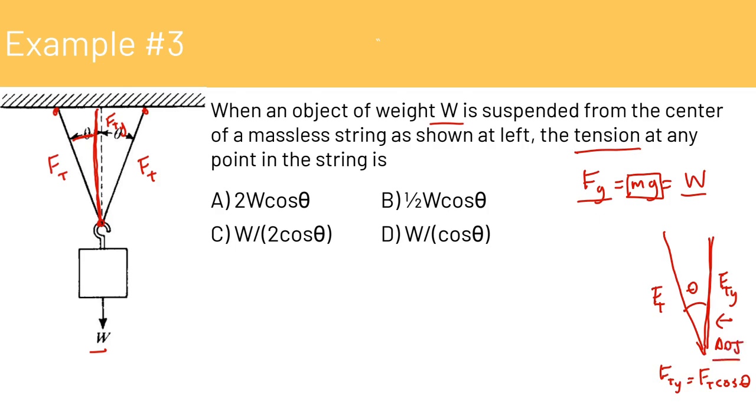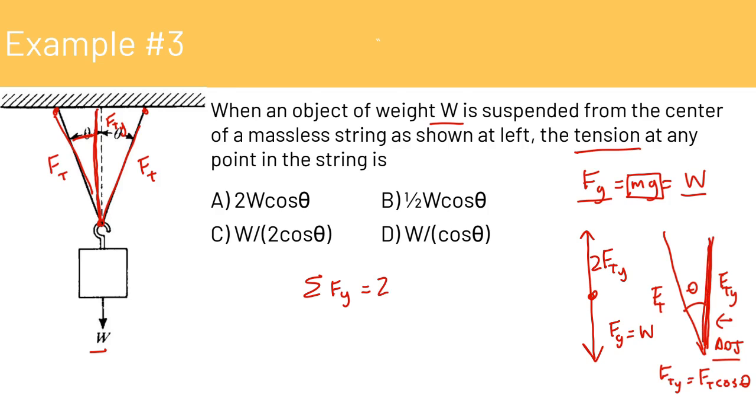So let's draw a free body diagram of what we have so far. Facing downward is the force of gravity, or weight, and upwards we have the tension force in Y. Okay, so we want to do our sum of forces here. The sum of forces in Y is equal to, now really this is 2 times the force of tension, because there are two of these diagonal tension forces, and they both break up into the tension force in Y. So each of these forces breaks up into one of these Y components.